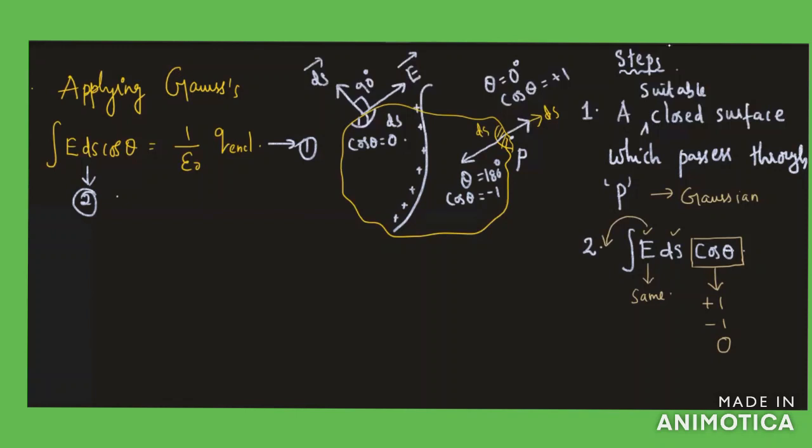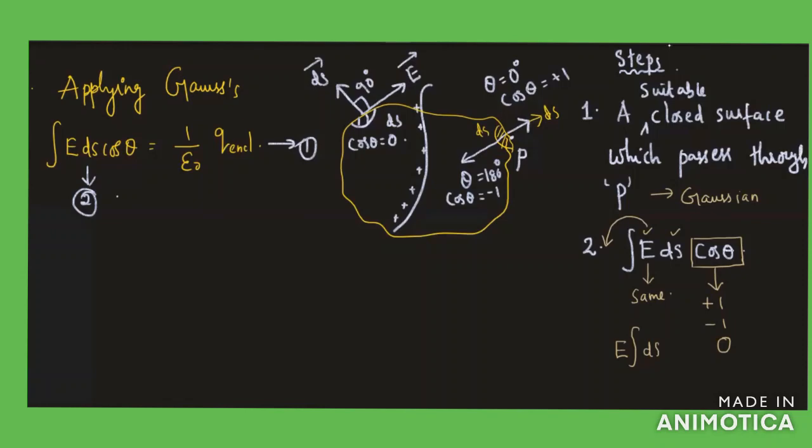If the magnitude of the electric field is the same at every point on the Gaussian surface, while integrating, we can take the term E outside the integral and write it like this: integral E ds will be either plus E integral ds, or minus E integral ds, or 0. Okay, so if we take the electric field outside the integral, the integration will be very easy.